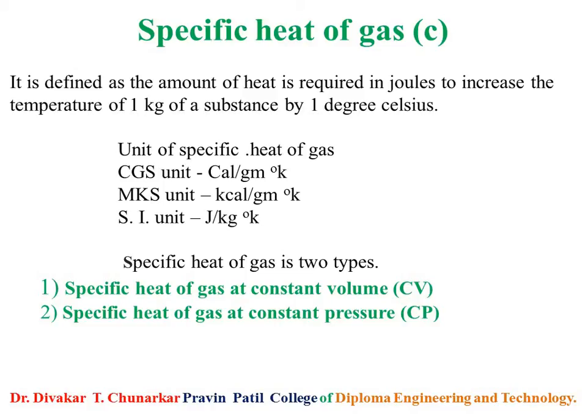The specific heat of gas is of two types. Number one, specific heat of gas at constant volume, denoted by Cv. And number two, specific heat of gas at constant pressure, denoted by Cp.